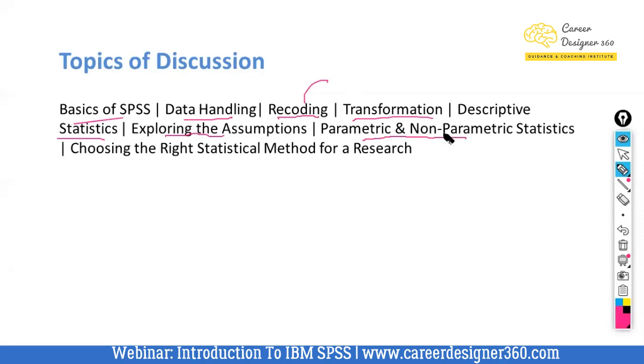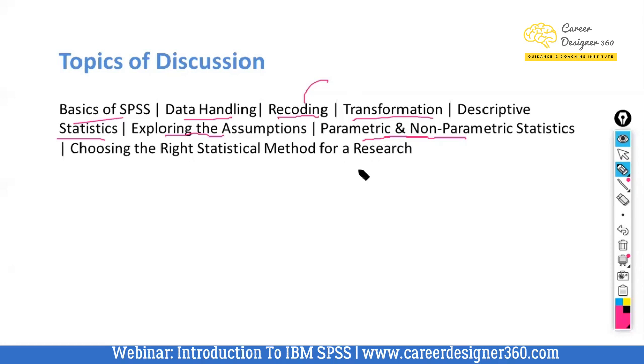Then we have the difference between parametric and non-parametric statistics. What are the assumptions, and what are the different parametric and non-parametric statistical methods available to us. Further, we have how to choose the right statistical test for our research.